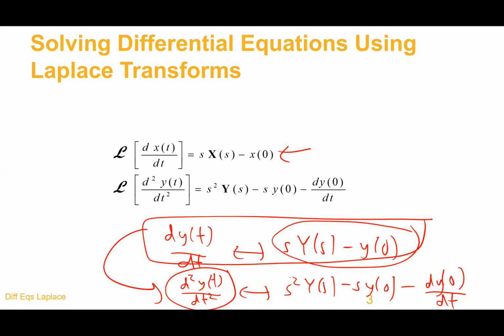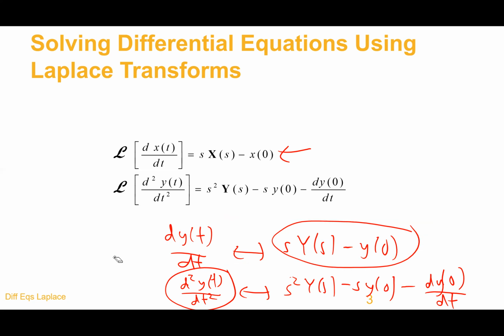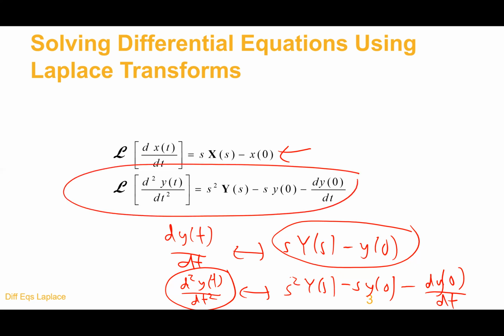It's a little bit twisted, but you can use induction to do it n times, in which case you end up with s to the n Y(s), and then subtract a bunch of powers of s with some initial conditions and derivatives. Anyhow, we can just believe this formula if that's not convincing. So that's the second derivative.